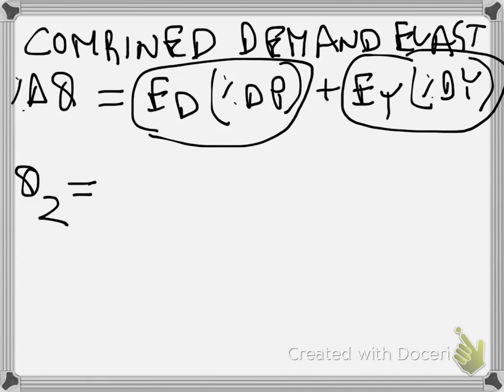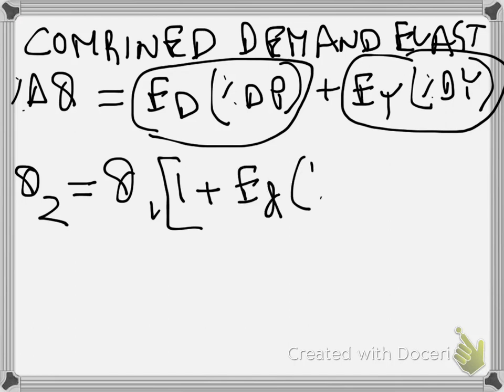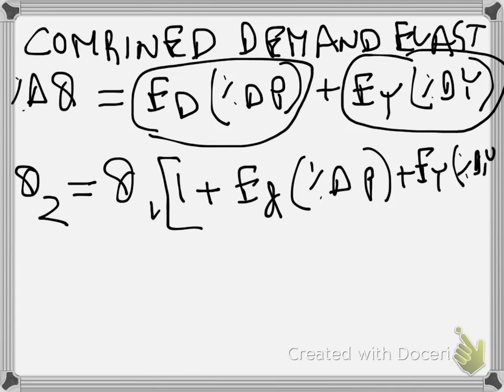Our economic theory says that we can really forecast or predict the quantity demanded in the next period, which we call period 2, which will be equal to the quantity demanded in period 1 times 1 plus the elasticity of demand times the percentage change in price plus the elasticity of demand for Y times the percentage change in Y. Okay.